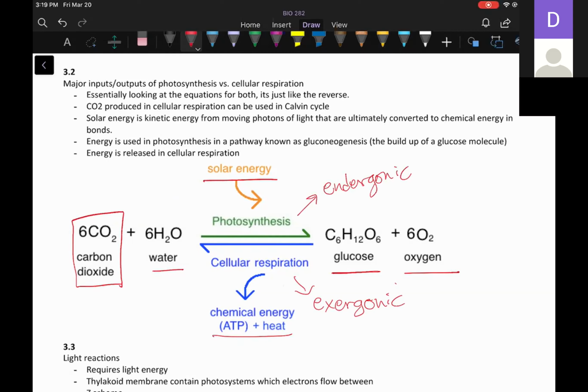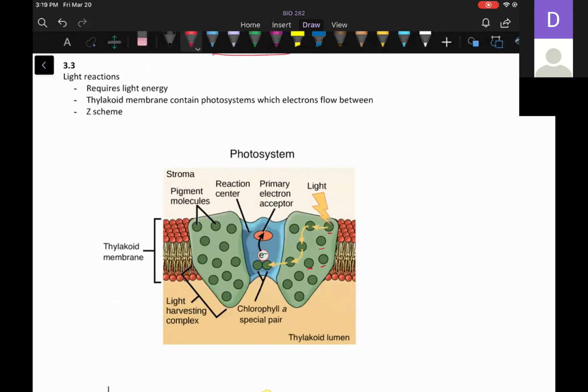Okay. All right, so we'll talk about the light reactions, and then we'll talk about the dark reactions after that. The light reactions will require light energy. They happen in the thylakoid membrane, which contains photosystems.